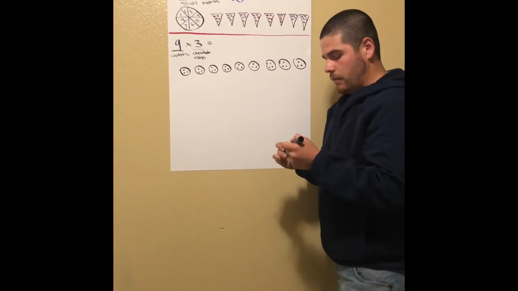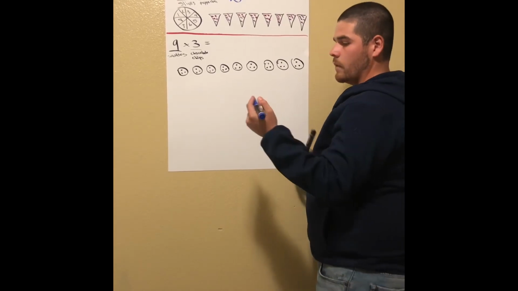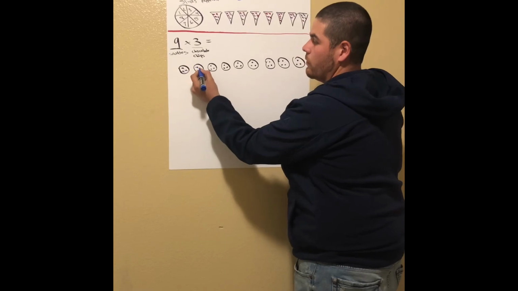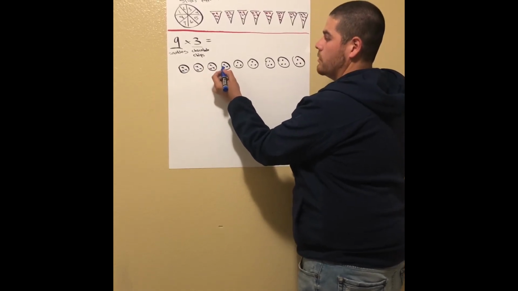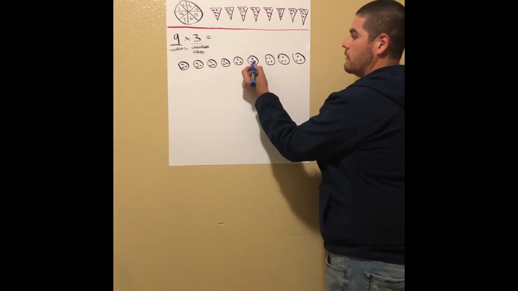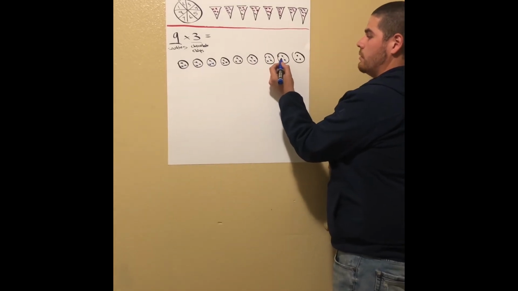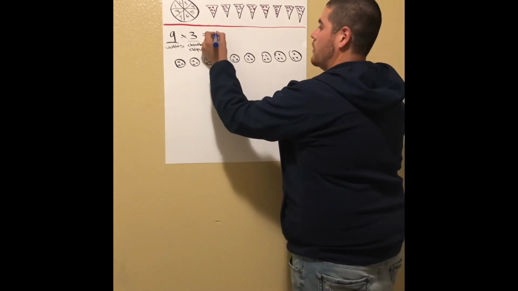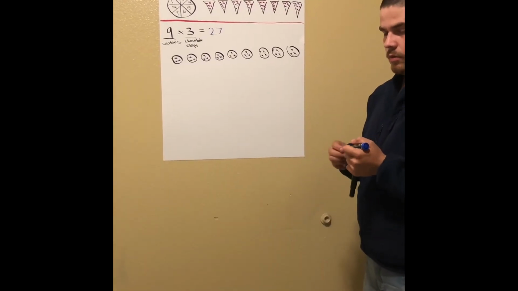I'm going to use a different marker so you guys won't get confused. 1, 2, 3, up to 27. So we would have 27 chocolate chips in total.